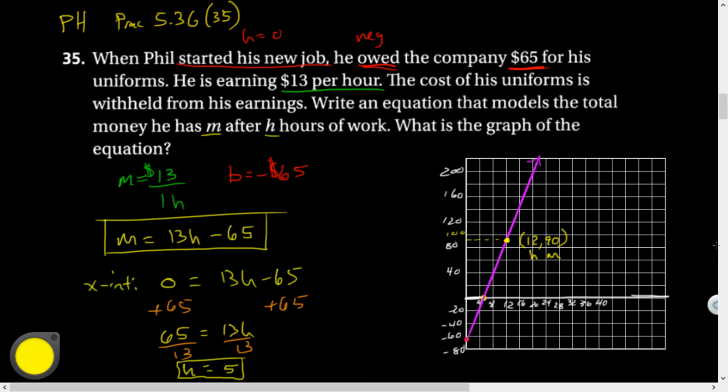Not necessarily, not quite. For every 1 hour he's getting $13, but it means 12 hours after he started his job, he's in the green or the black, I guess, $90. All right, because he finally got out of debt. What did this point represent? What did the x-intercept mean?